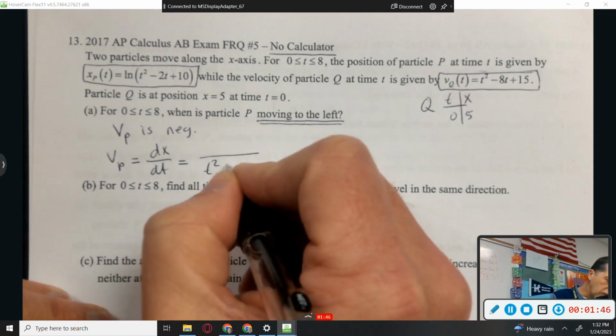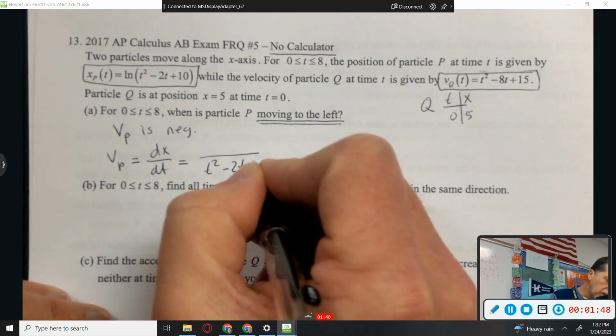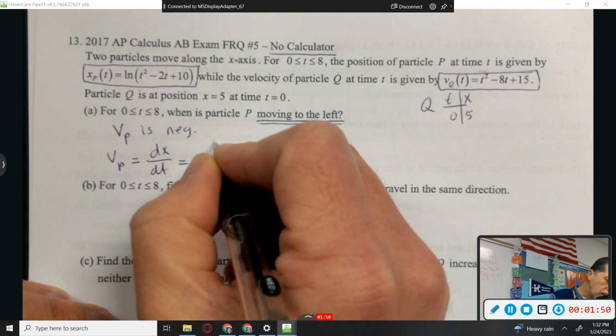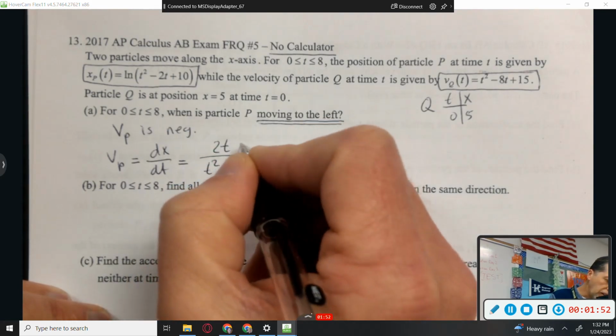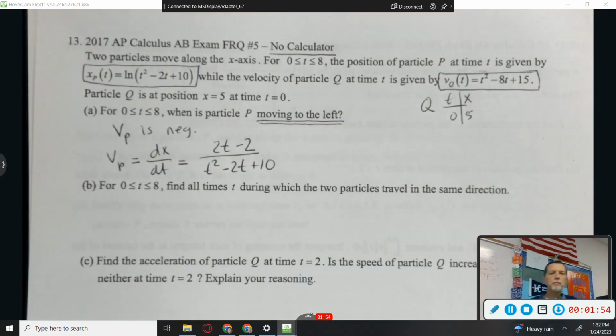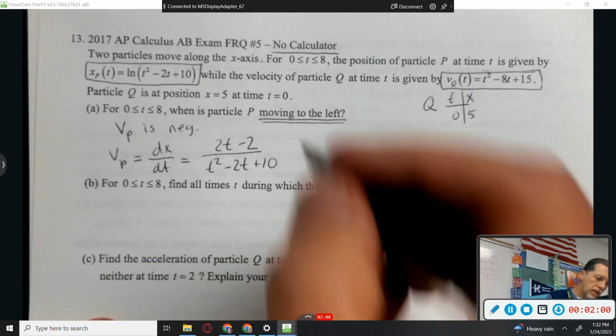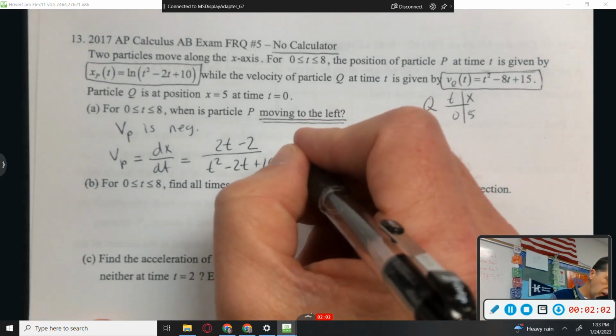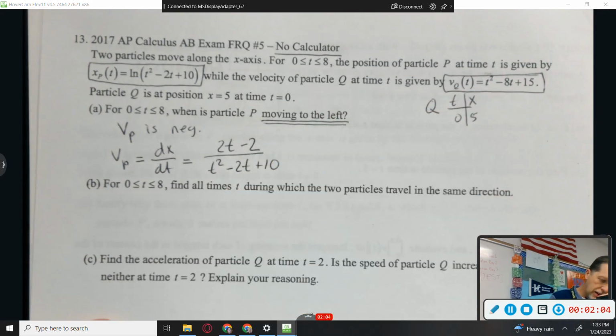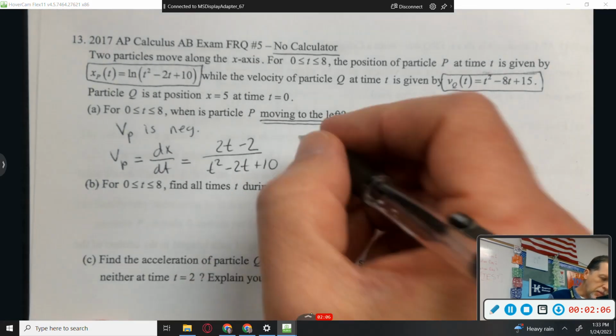So 1 over the argument times the derivative of the argument, and let's see, the top factors.